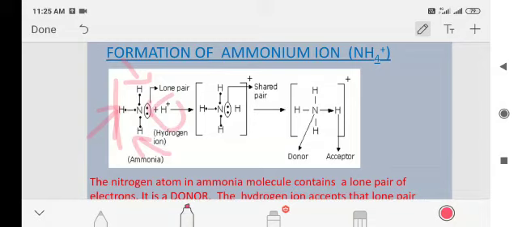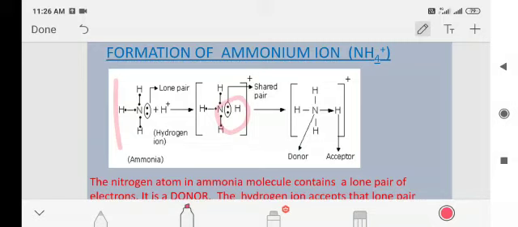Move to the right side, and you will find again one covalent bond here, the same structure, no difference, another covalent bond, a third covalent bond, and here you will find 2 electrons.